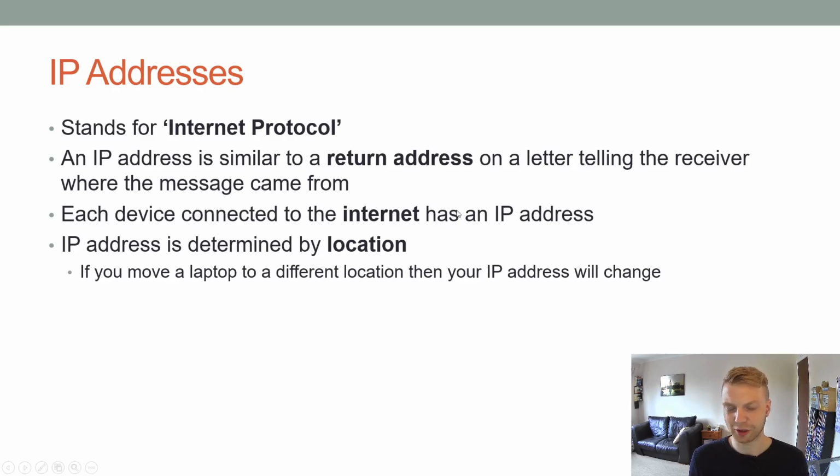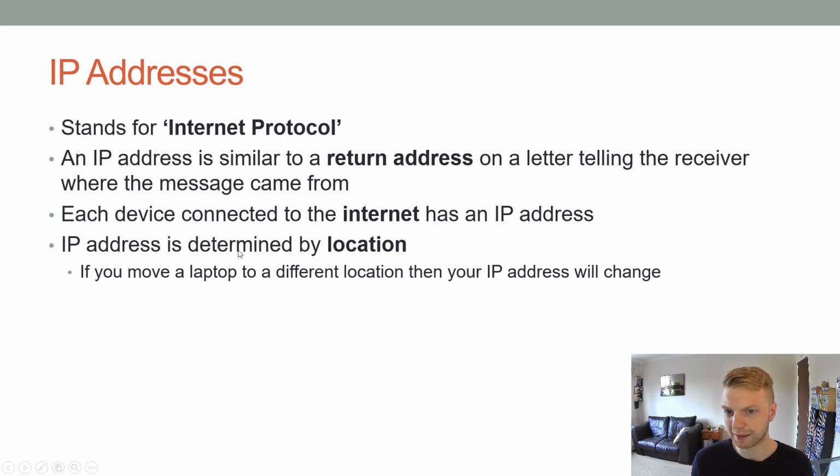Every device on the internet has its own IP address, and they are unique, but it's not determined by a device, it's determined by a location. So let's say you have a laptop, and you're sitting in your house connected to your network, it will have its own IP address.